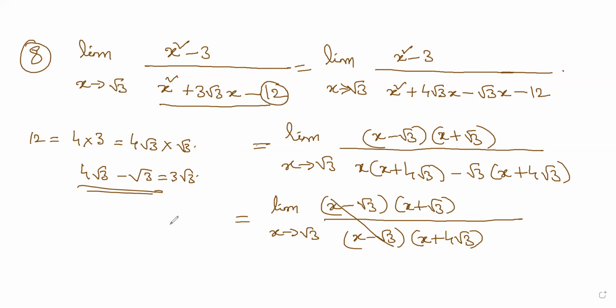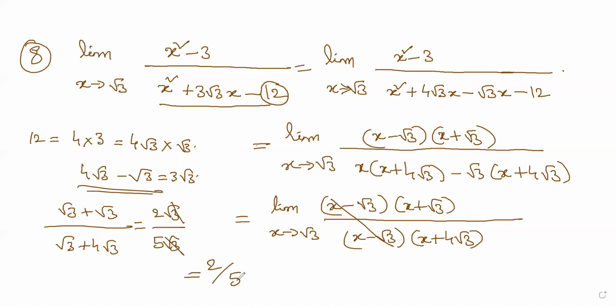So when you substitute root 3 over here, you get root 3 plus root 3 whole divided by root 3 plus 4 root 3. So you have 2 root 3 divided by 5 root 3, right? Root 3 is down. So you have 2 by 5. That's the answer. Beautiful. So root 3 is missing completely.